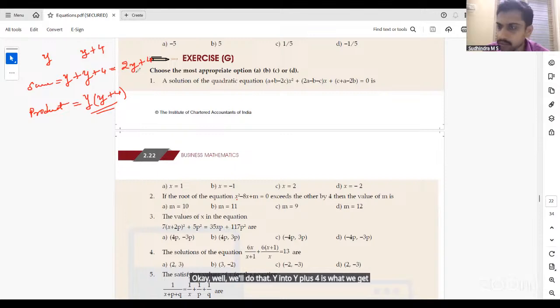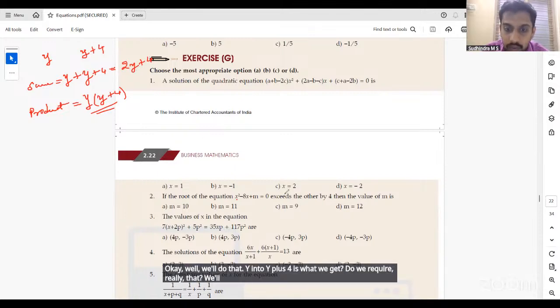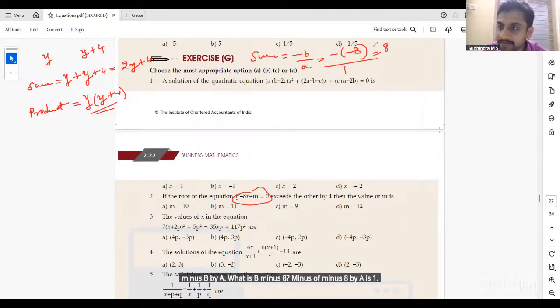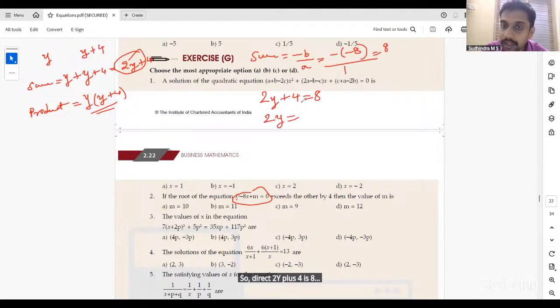Do we require really that? We'll see. Now, using this, what is the sum? Sum of the roots is minus b by a. What is b? Minus 8. Minus of minus 8 by a is 1, we get plus 8. So, 2y plus 4 is 8. 2y will be 8 minus 4, 4. So, y is 2.